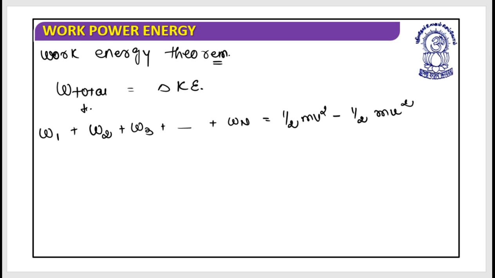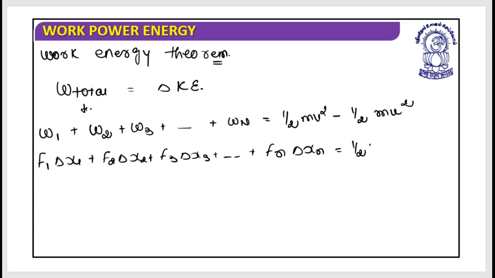When I say work done due to the first force, it is F1 delta x1 plus F2 delta x2 plus F3 delta x3, up to Fn delta xn. That is equal to half mv square minus half mu square. This is the change in kinetic energy.